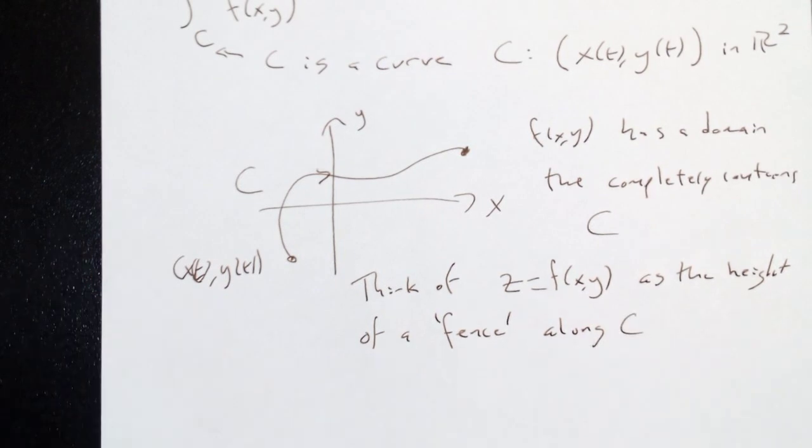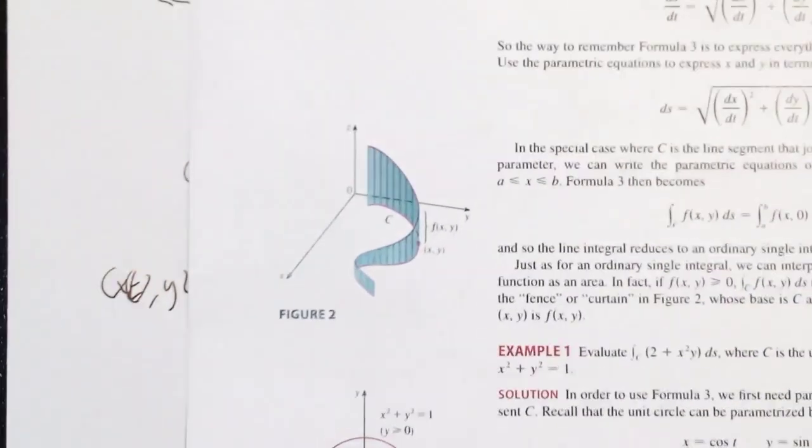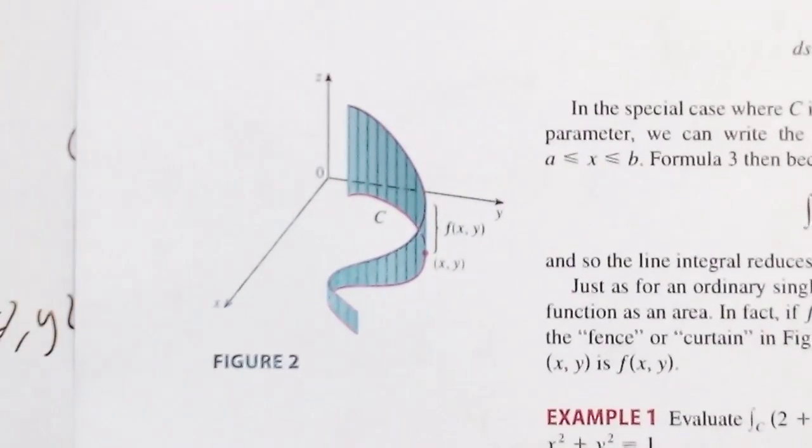Now, there's a nice picture of this on page 1076. So let me throw that picture up here. There's my curve in the xy plane, right? But instead of just taking that in the xy plane, I'm looking at the z values.